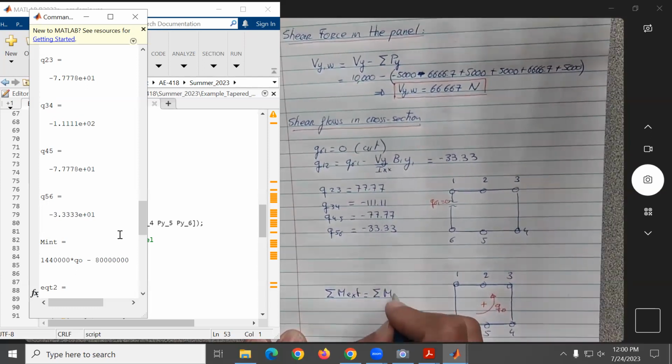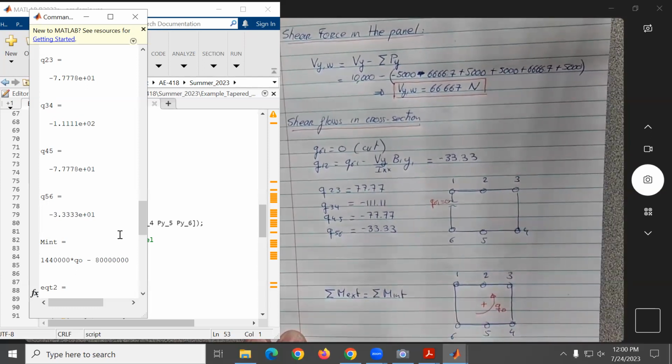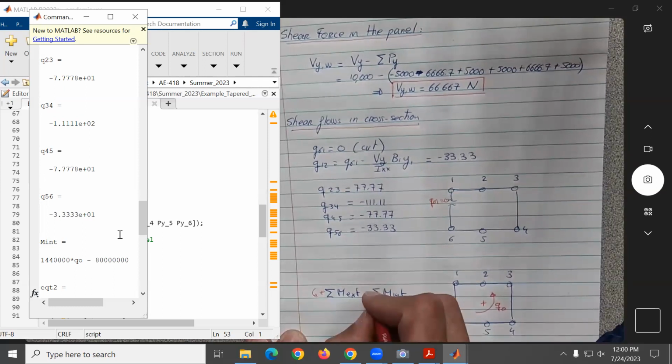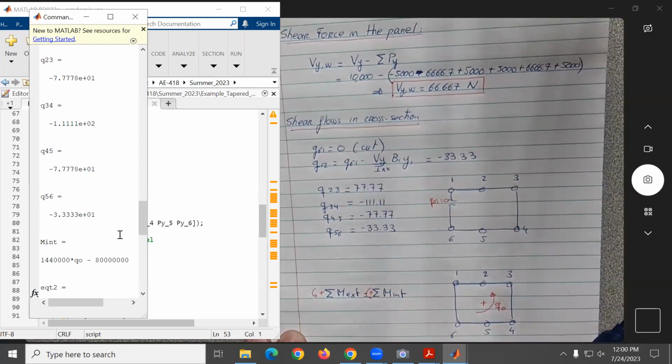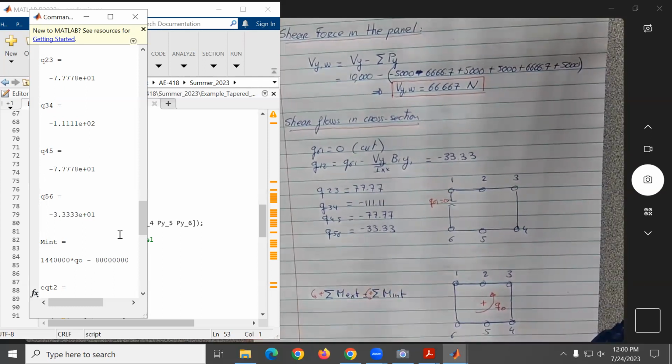We equate the moments internal to external, no? Okay. So that's the procedure. So let's see what I did here on these notes.